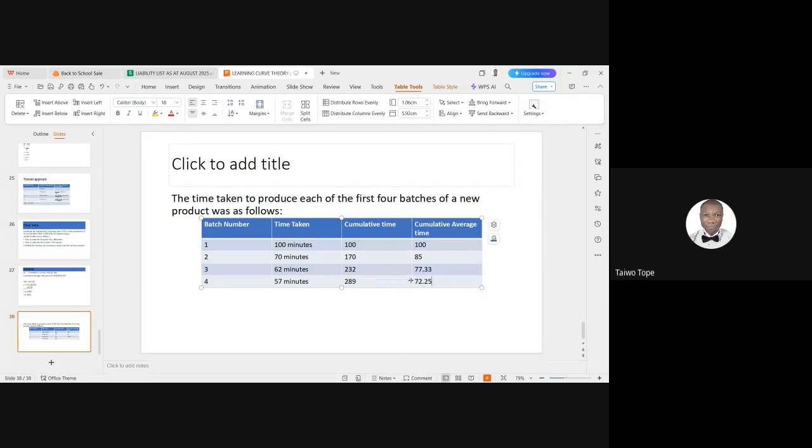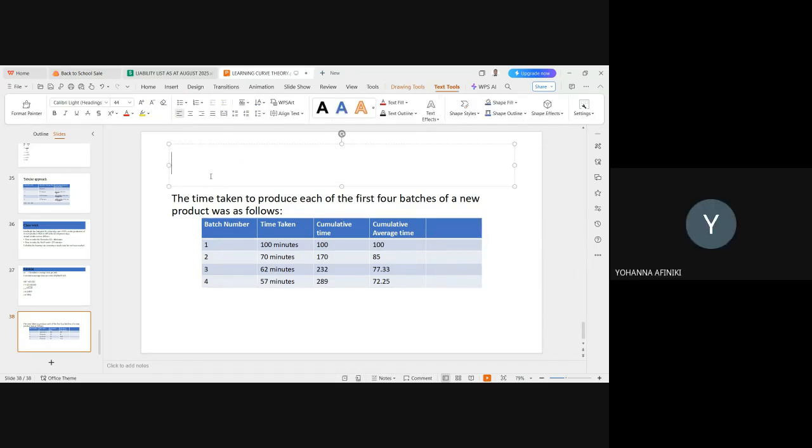So now, if you want to determine the learning rate using this table, what will you do? For the first one it is nil. The second one will be 100 minus 85 divided by 100 times 100.